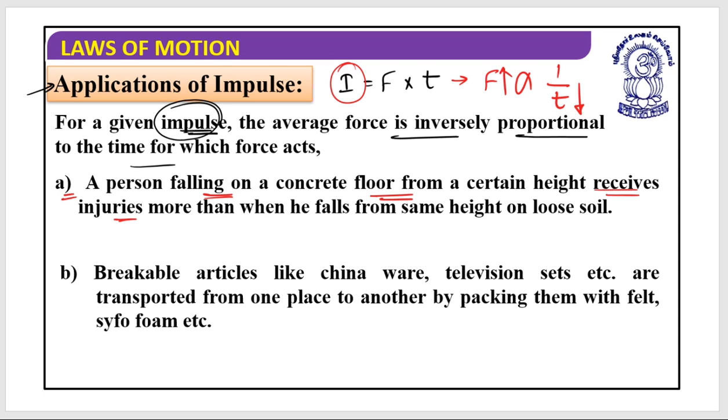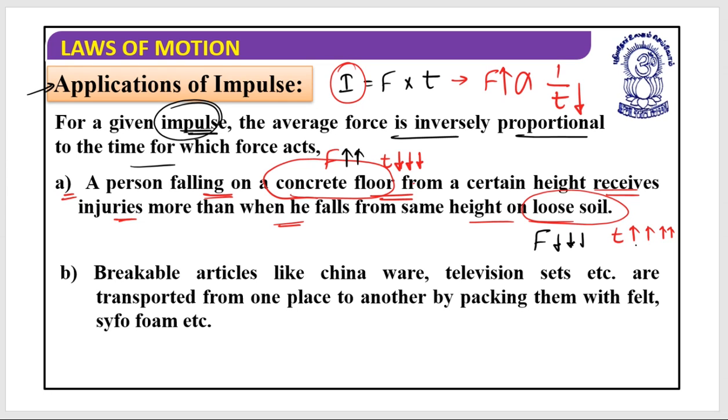He receives more injury than when he falls from the same height on loose soil, because in the loose soil he takes more time to reach the ground surface, while here it is the solid concrete floor and he takes very little time. And when he takes very little time, the force acting on his body is higher, while here the force acting on his body would be lesser.